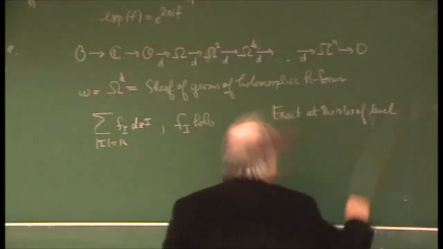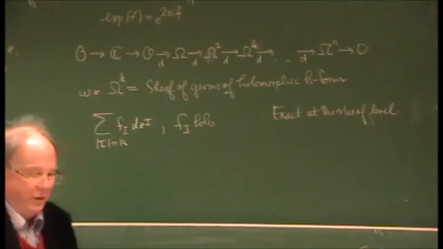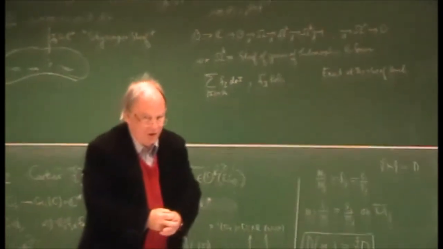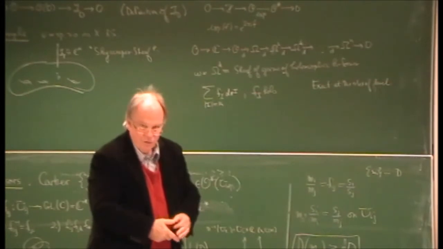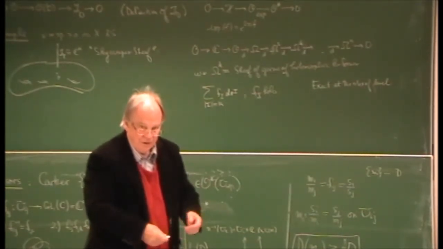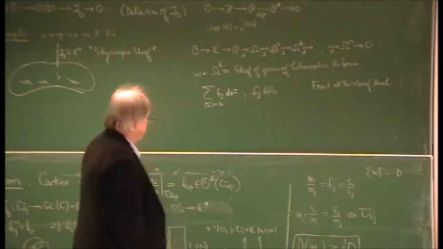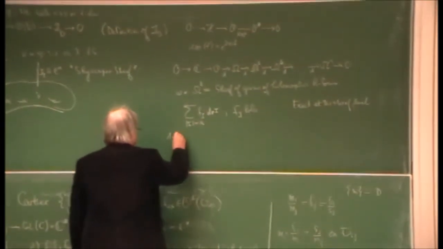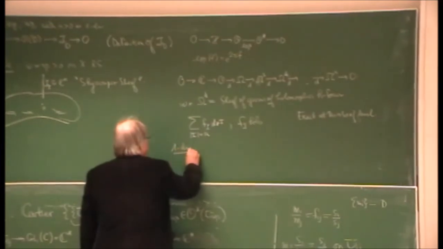I'll say again what it means. You take a point, and you take a good neighborhood around that point that you like, and then you check that you have a Poincare lemma. Okay? So in one dimension, everything stops very quickly.